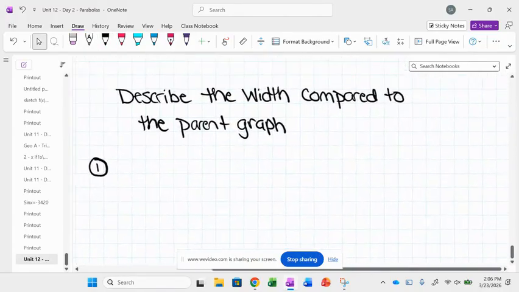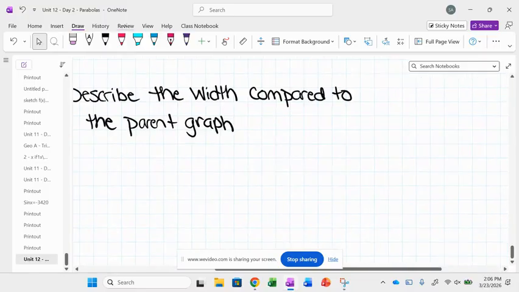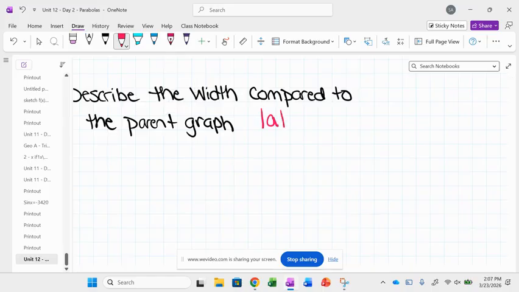All right, so describe the width compared to the parent graph. Let's summarize the conclusion we had come to by ourselves. If the absolute value of a is greater than 0 but less than 1, it's going to be wider.